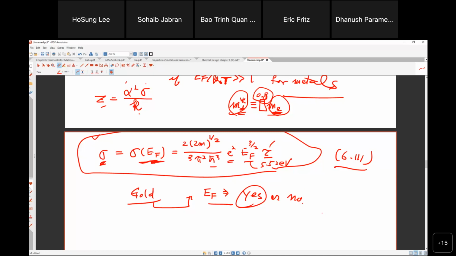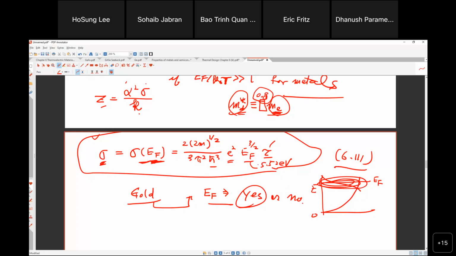Again, this is energy and density of state, Fermi energy, and distribution. So around the Fermi energy, that's the area of importance for thermal conductivity and electrical conductivity.